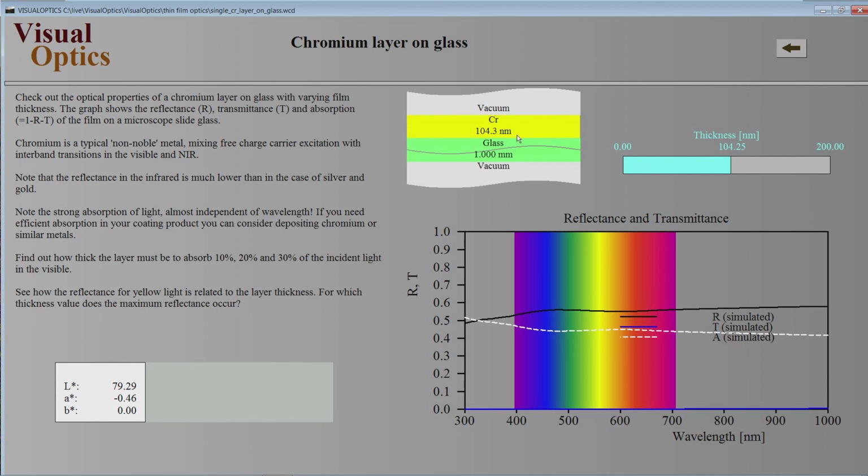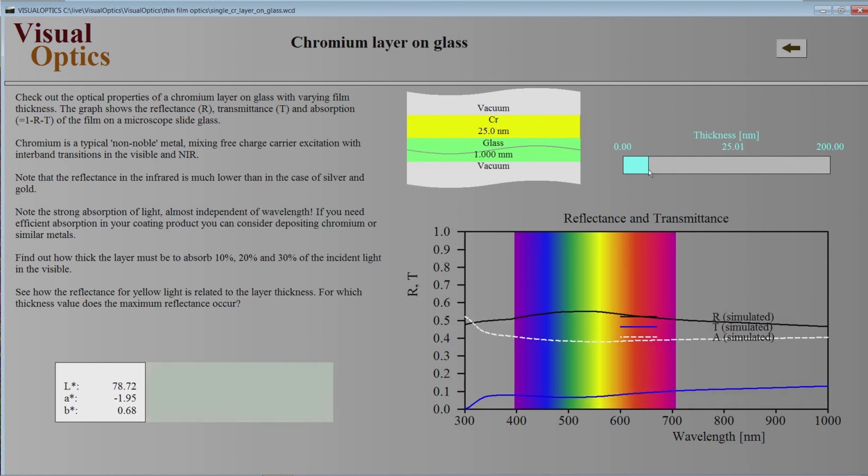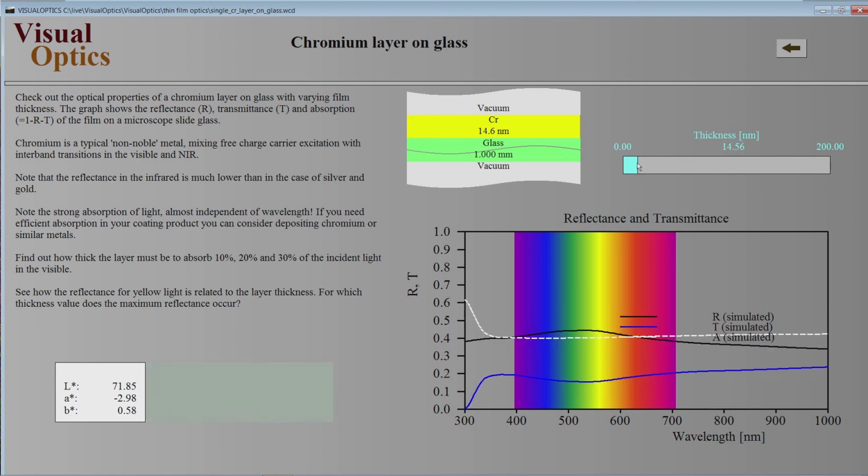There is no light going through the chromium layer that would increase the reflectance. And so this is actually an example for a thin metallic layer that can be used as a very efficient absorber. And if you use several of these layers in a layer stack, you can absorb almost 100% of the radiation within a coating.